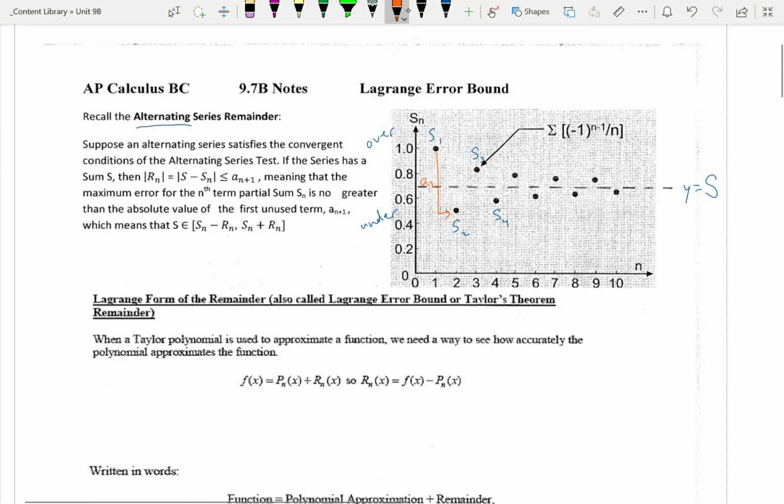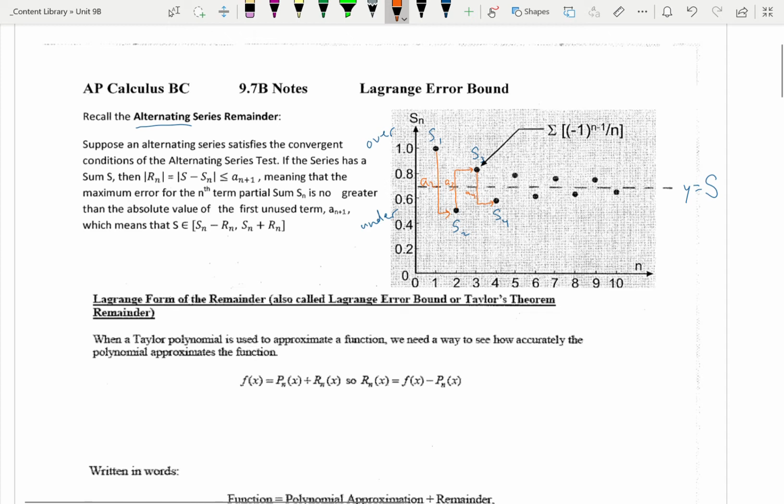And if we started at s sub 2 and we're trying to get to s sub 3, we're going to add a sub 3. And if we're going to try to get from s sub 3 to s sub 4, we're going to add a sub 4. So the vertical distance we travel to get from s sub n to s sub n plus 1 was a sub n plus 1, the next unused term of the series.